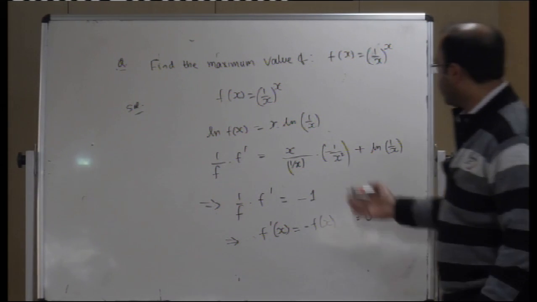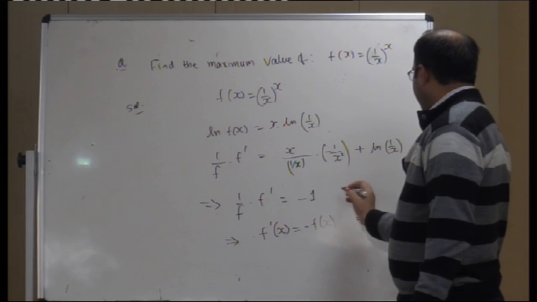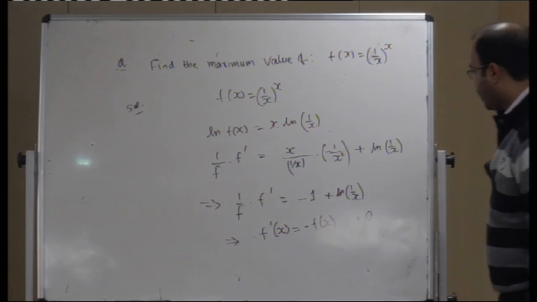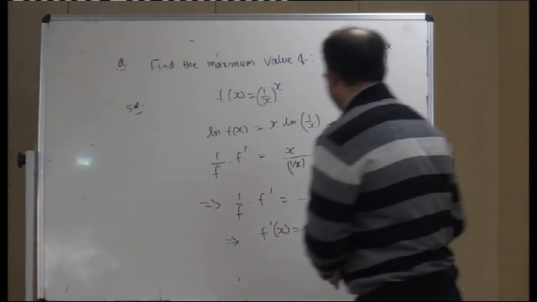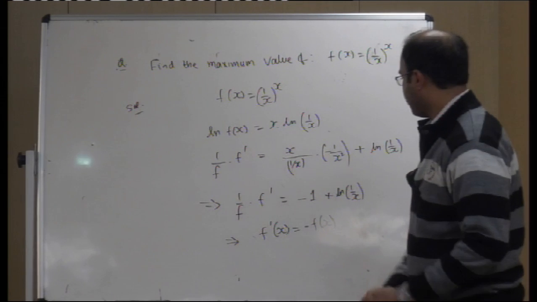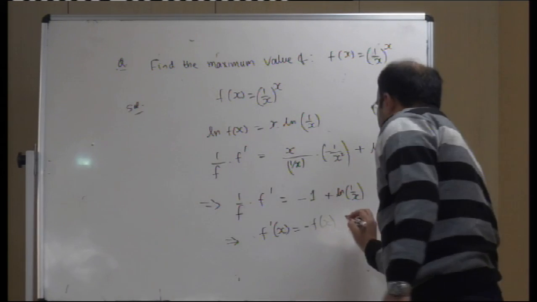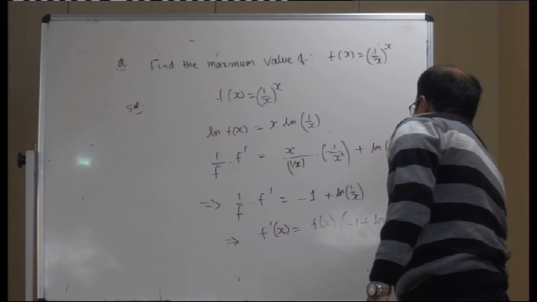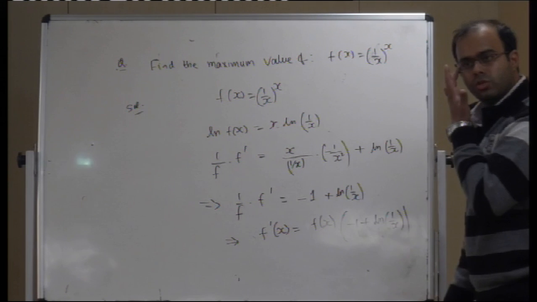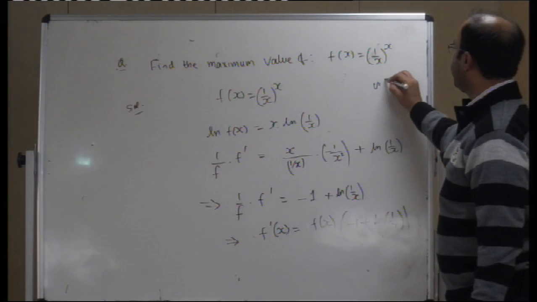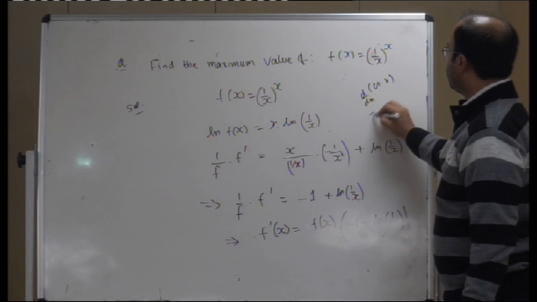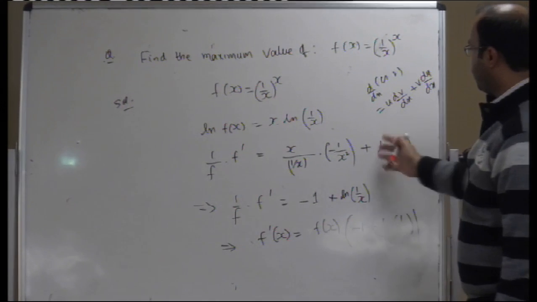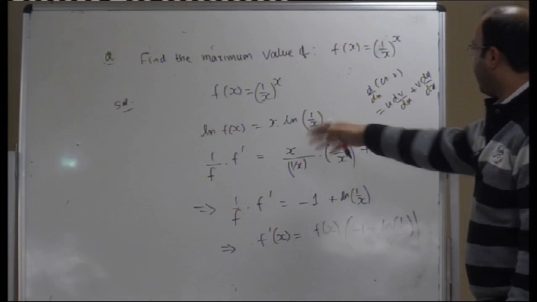So now you write it like this: minus 1 plus ln of 1 by x, and in the next step, minus f(x), this would be plus f(x) into minus 1 plus ln of 1 by x. I hope now it is okay. There was a calculation mistake. There was a product rule, as we know, when we take the derivative of u into v, that is basically u dv by dx plus v du by dx. So that part, another part we left. So we have to do both the parts.